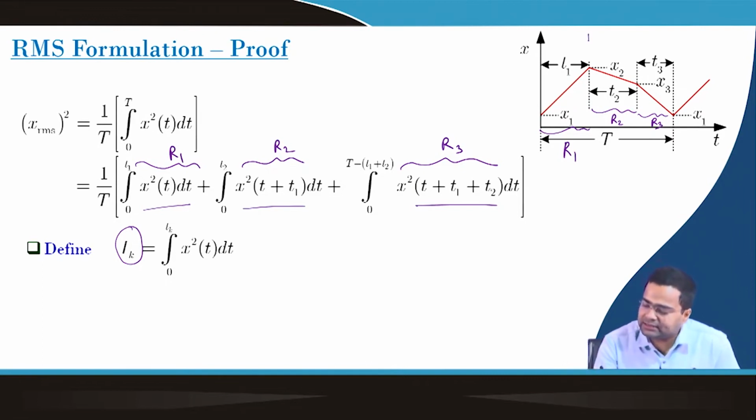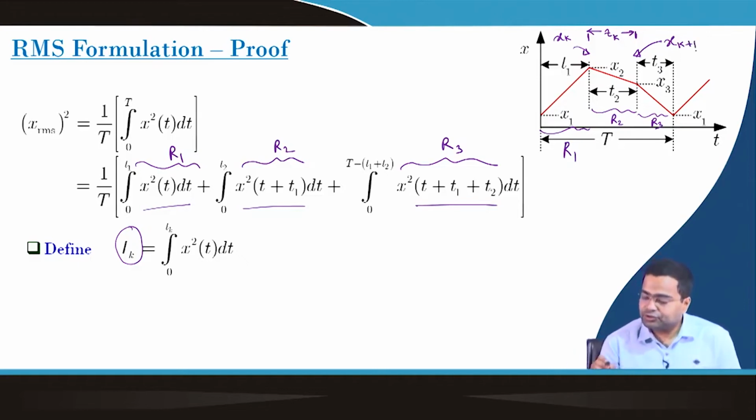Let us say this duration is my tk duration, where the starting value is, let us say, xk, and the final value of this duration is xk plus 1.